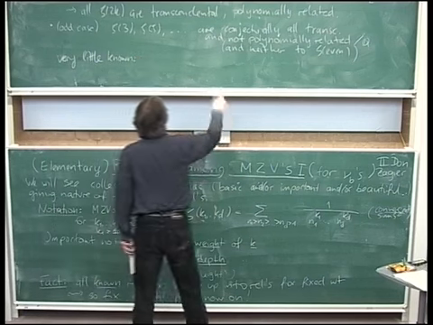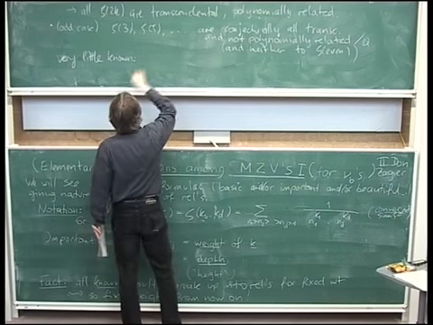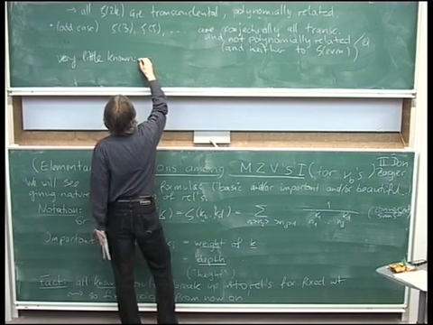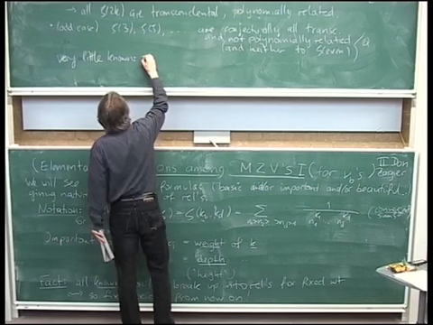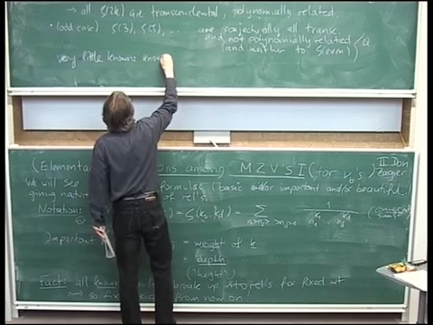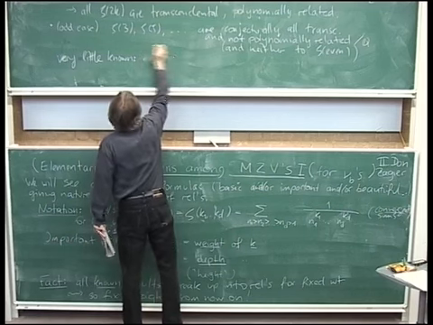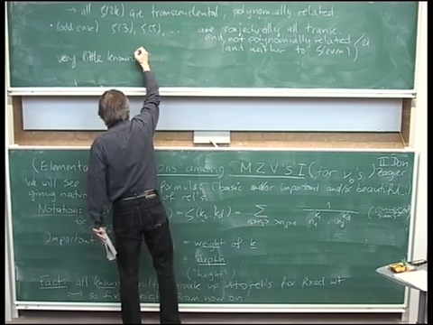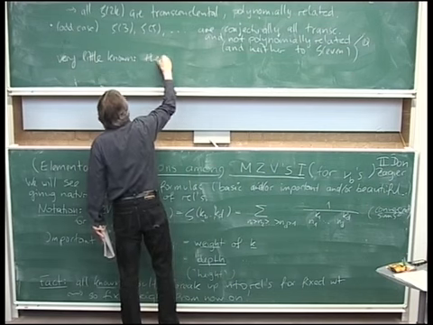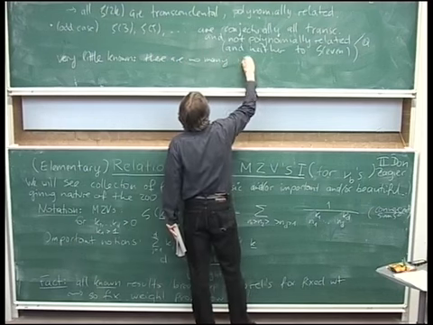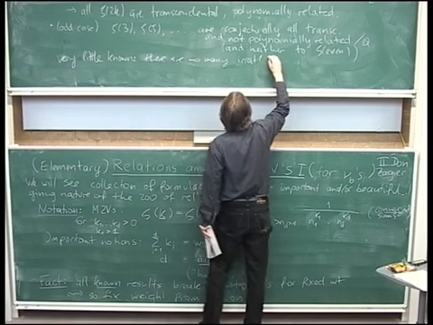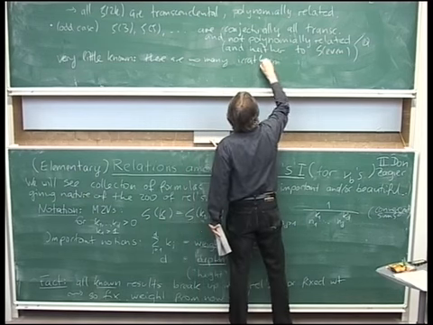So nothing about transcendence of those numbers, but one knows there are infinitely many irrational numbers among them.